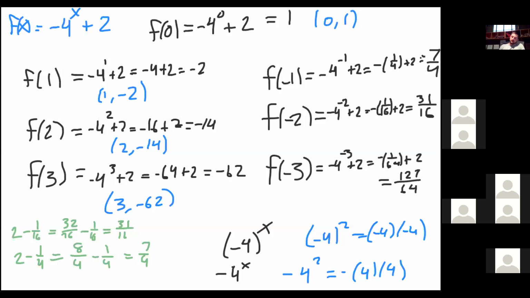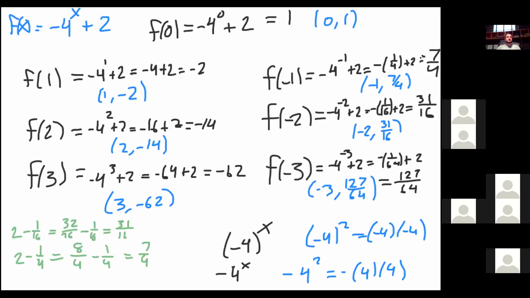So now I get 3 more points. Let's see if I can write them in blue below them. -1, 7/4; -2, 31/16; and then -3, 127/64.